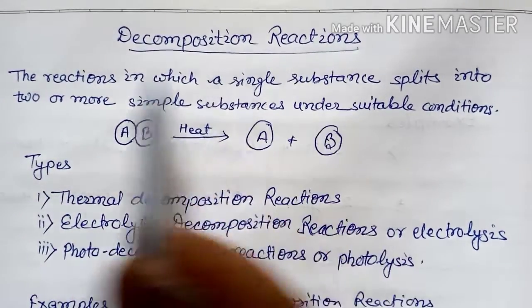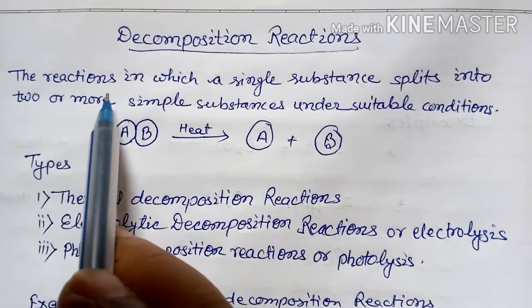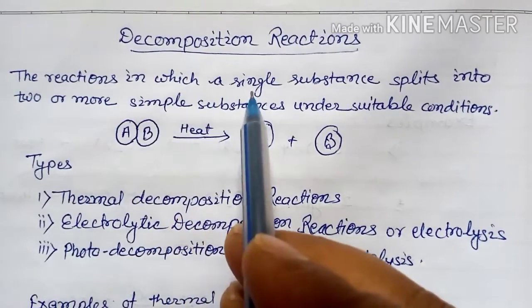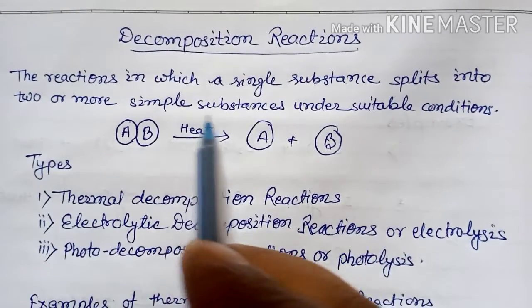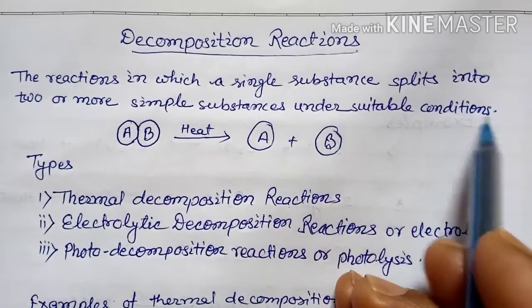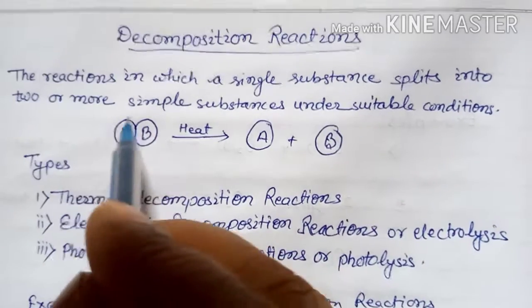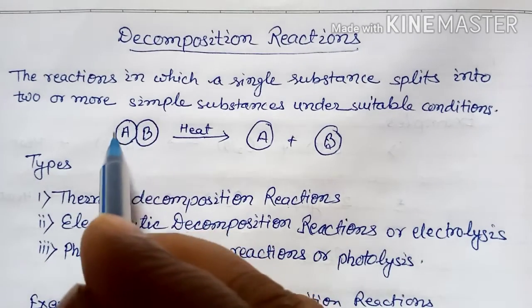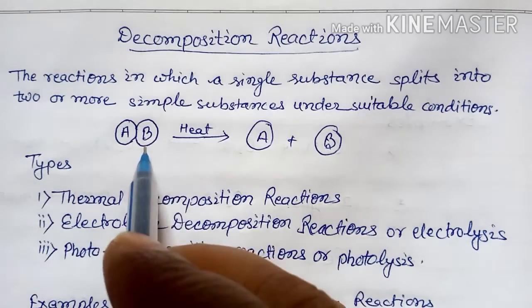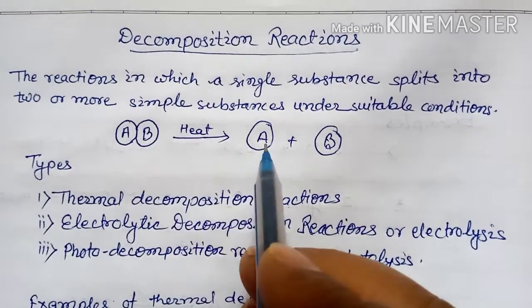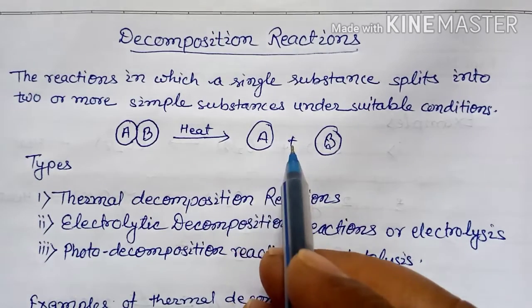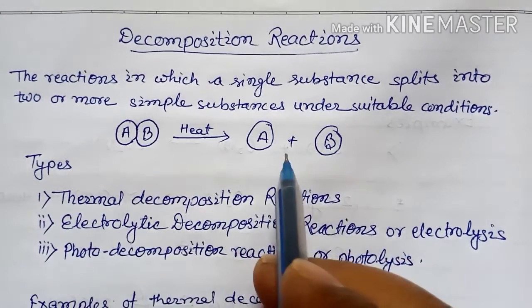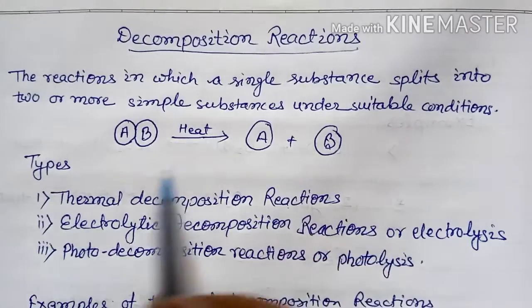So a decomposition reaction can be defined as a reaction in which a single substance splits into two or more simple substances under suitable conditions. For example, if a compound is AB and after heating it splits into two different components like A and B, this is a decomposition reaction.